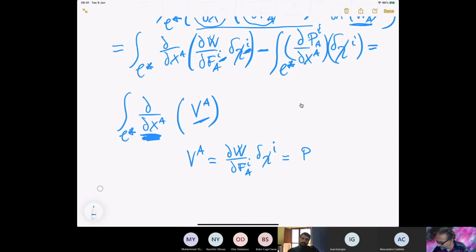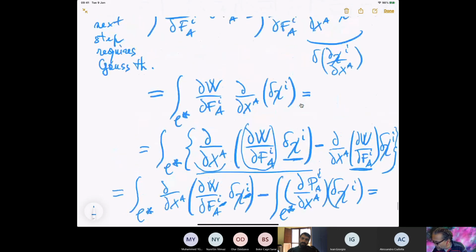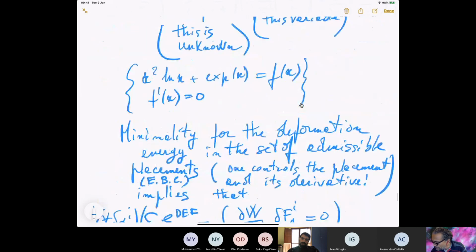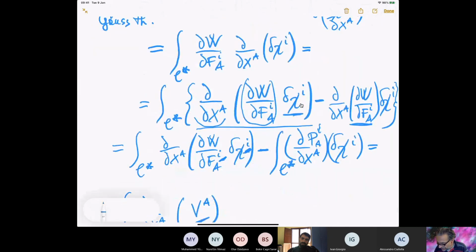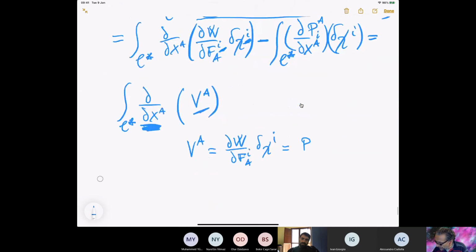So this is P. Here I was wrong. There's P here with the other index. You have i below and A at the top. Here you have P_i^A delta chi_i. Okay, so you have the saturation of Piola stress with the virtual displacement delta chi_i.